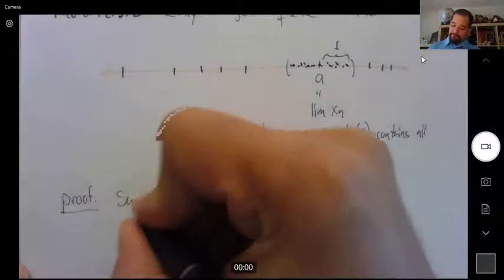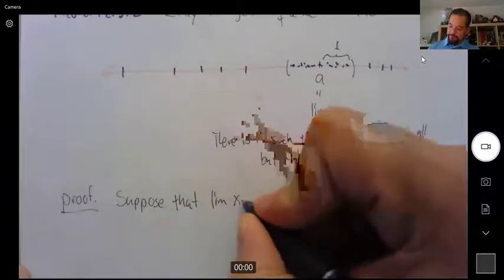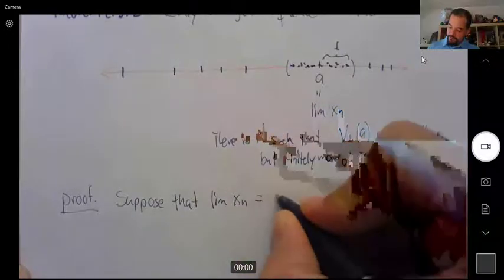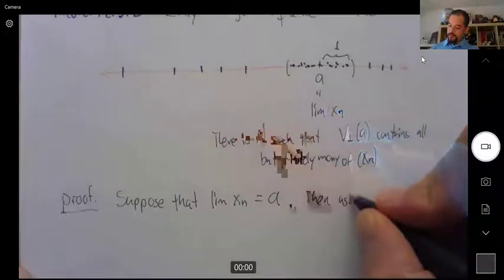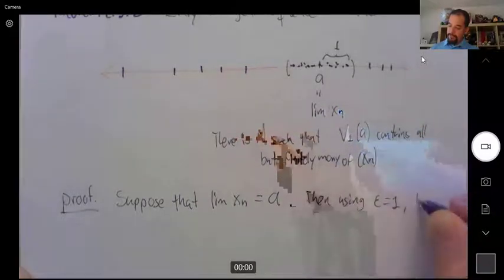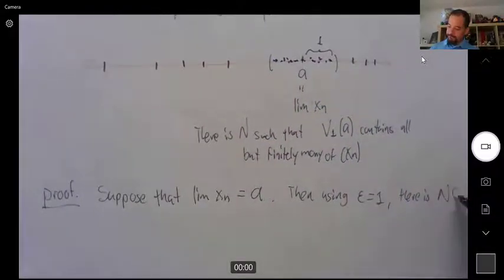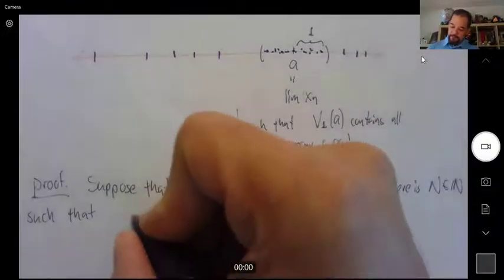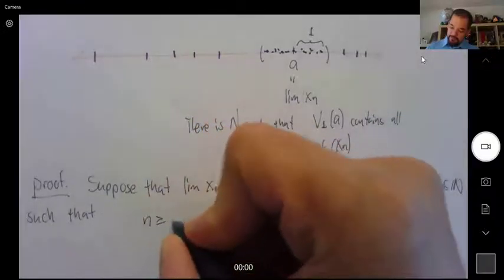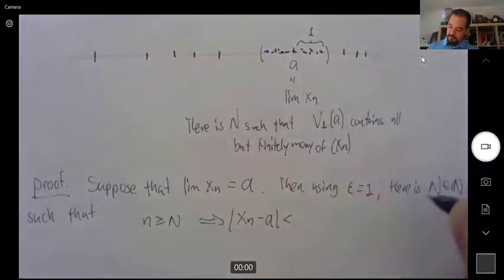Suppose that our sequence xn converges to the number a. Then, using epsilon equals 1, there is some capital N, a natural number, such that for every little n bigger than capital N, the absolute value of xn minus a is less than epsilon, but we chose 1 as our epsilon, right?